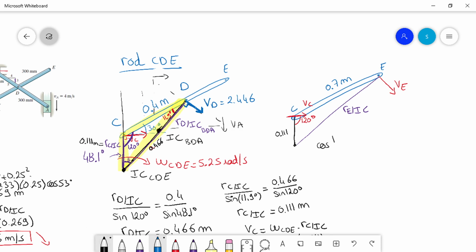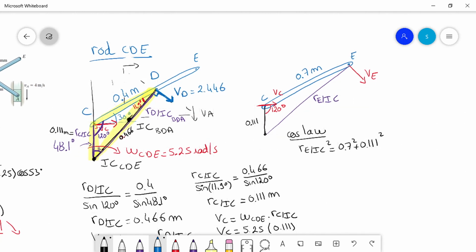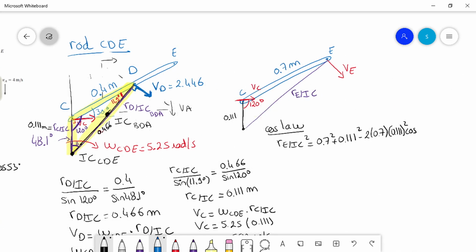The cosine law tells us that RE about IC squared is equal to 0.7 squared plus 0.111 squared minus 2 times 0.7 times 0.111 times the cosine of the opposite angle, that's 120 degrees. Don't forget to take the square root.